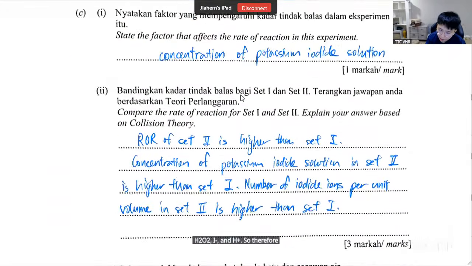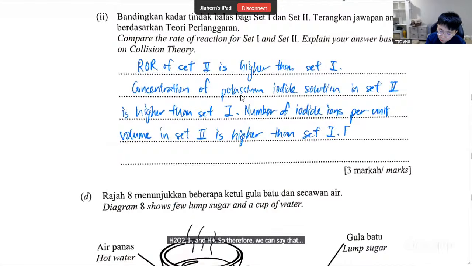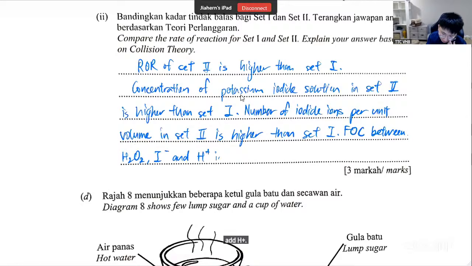So therefore, we can say that frequency of collision between H2O2, I minus, and H plus in set 2 is higher than set 1.